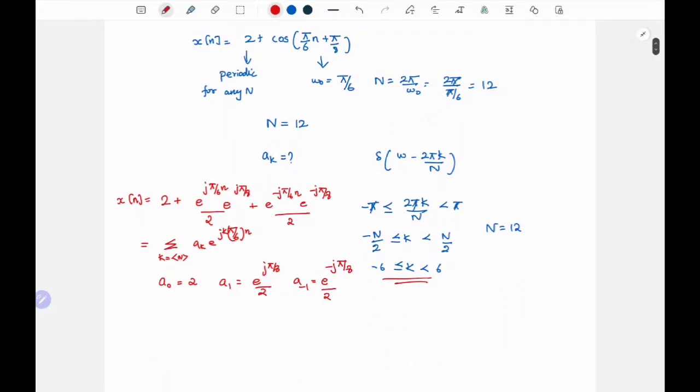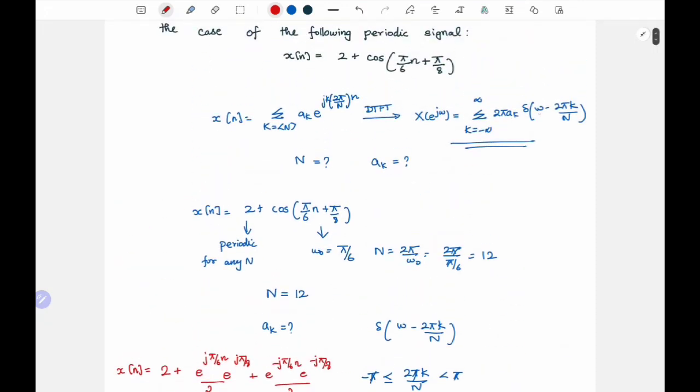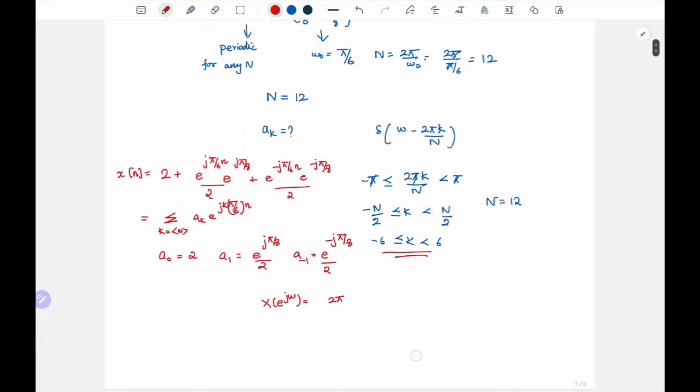So we can directly write out X of e power j omega equal to summation, you will get 2 pi a naught into delta of omega, plus 2 pi a1 into delta of omega minus 2 pi by N, plus 2 pi a minus 1 into delta of omega plus 2 pi by N.